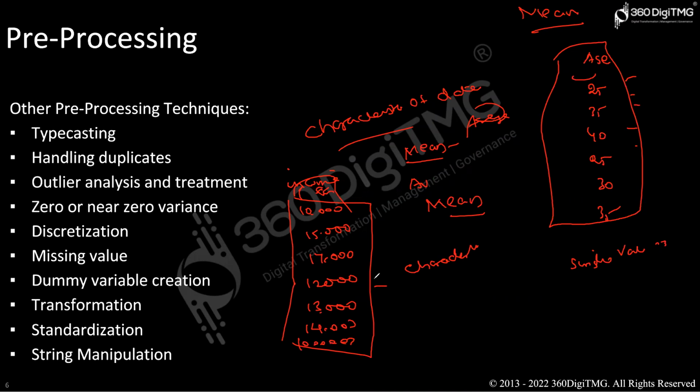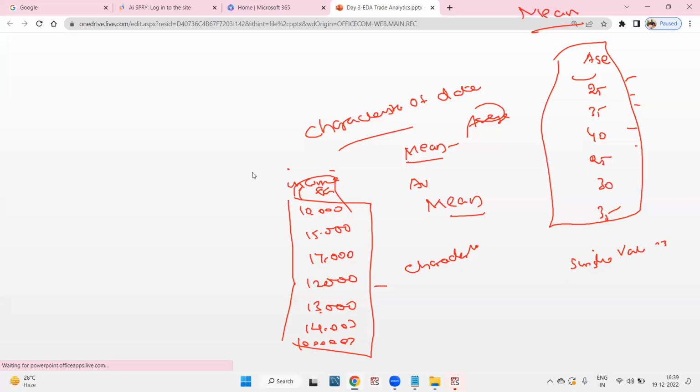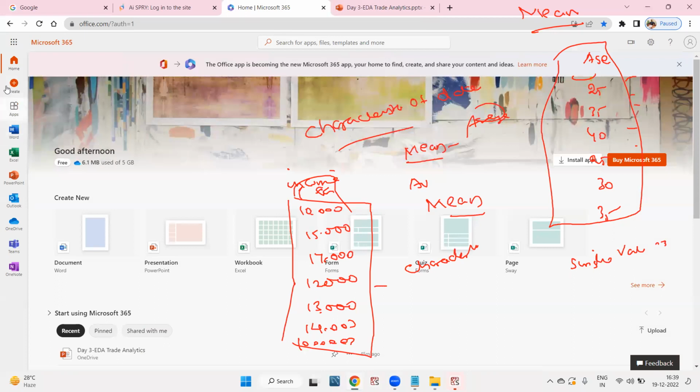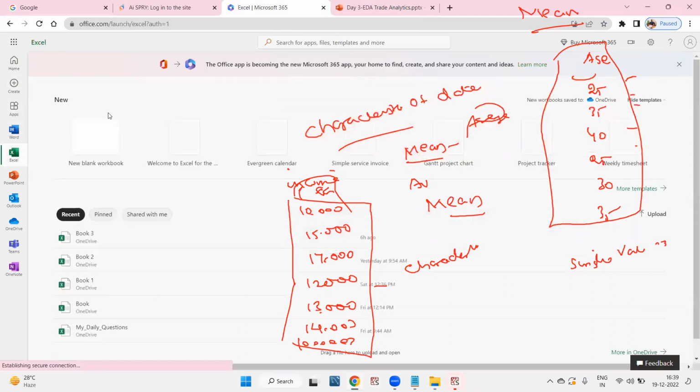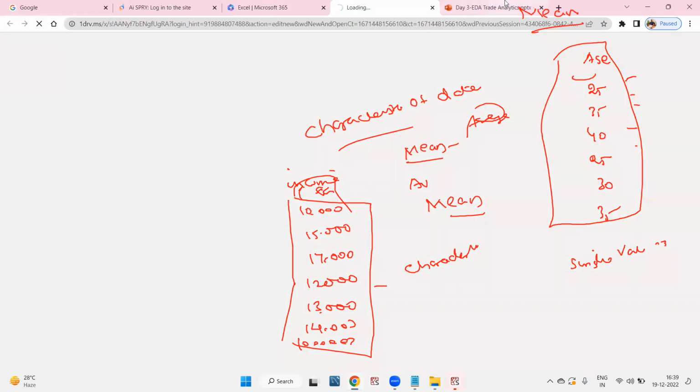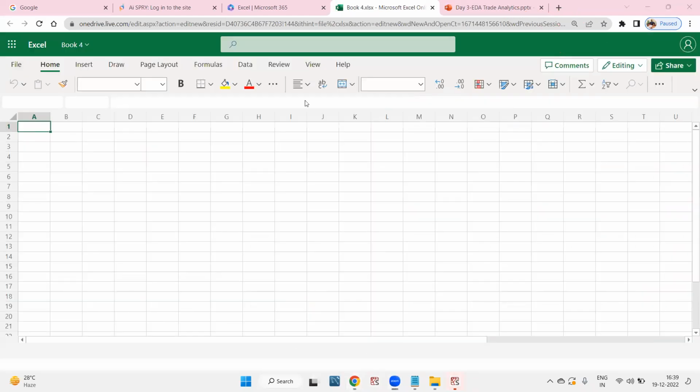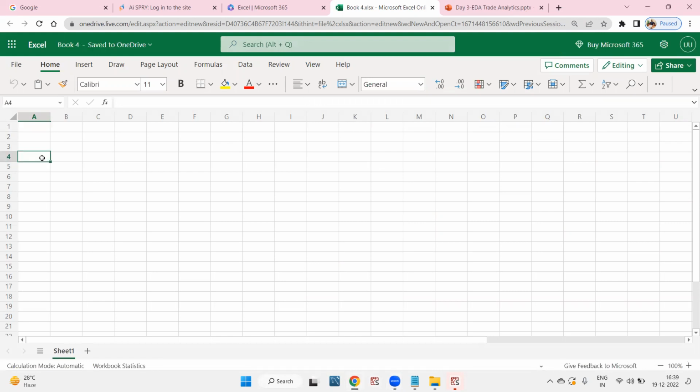See, if you calculate the average with one single value, it will be more. Let me open a new data set. Let us see the income of people: 10,000, 15,000, 12,000, 14,000, 13,000, 14,000, and 30,500.